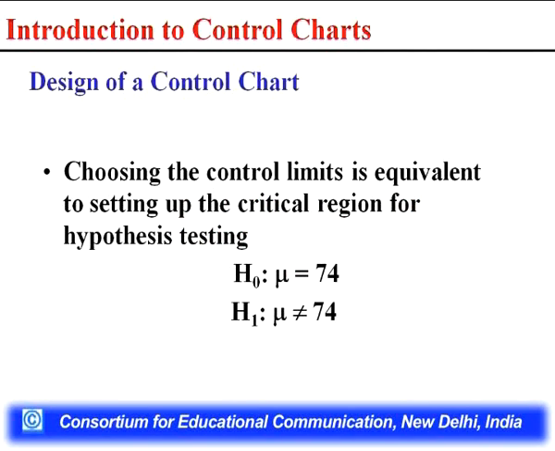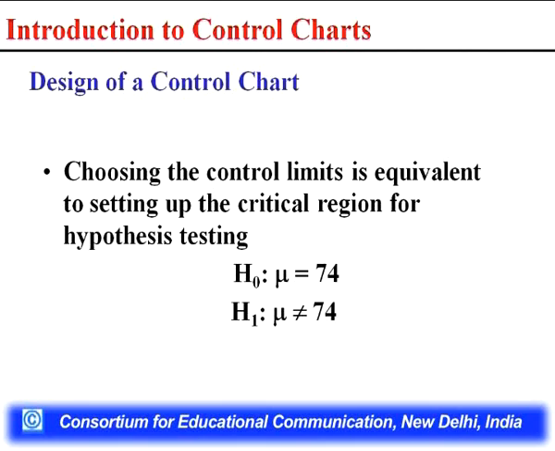Choosing the control limit is equivalent to setting up the critical region for hypothesis testing. In this process, we are testing the null hypothesis H naught: mu is equal to 74, and the alternate hypothesis: mu is not equal to 74.